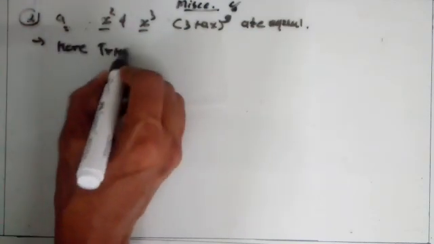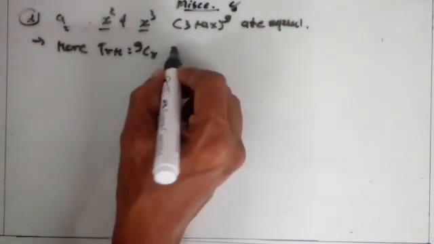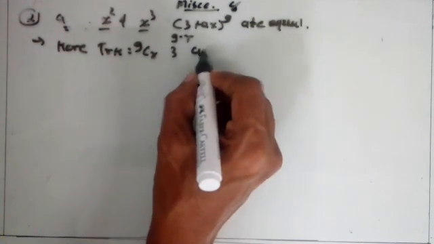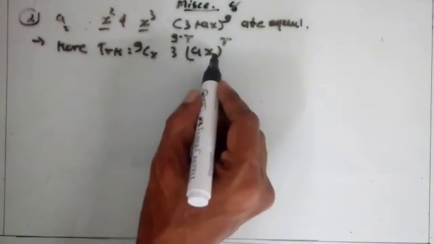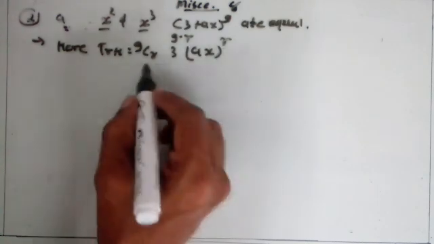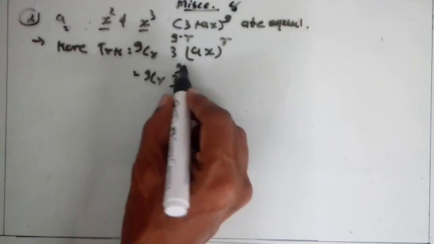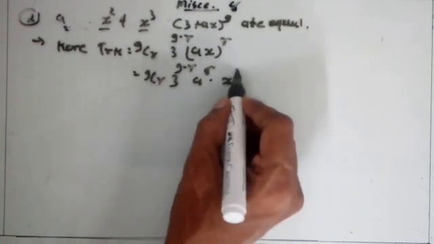Here the (r plus 1)th term is equal to 9Cr, 3 raised to 9 minus r, (ax) raised to r. So the coefficient of x raised to r here becomes 9Cr, 3 raised to 9 minus r, a raised to r, into x raised to r.